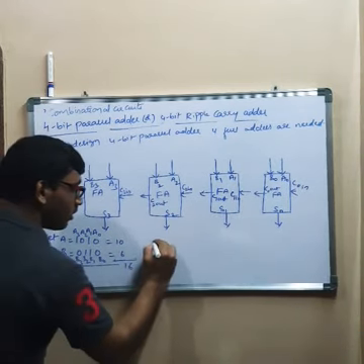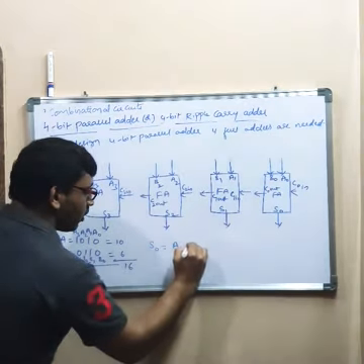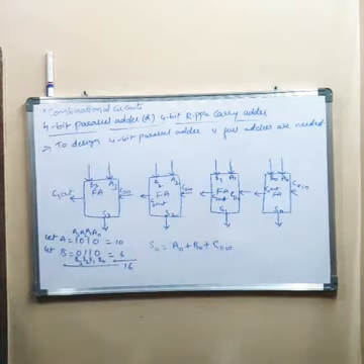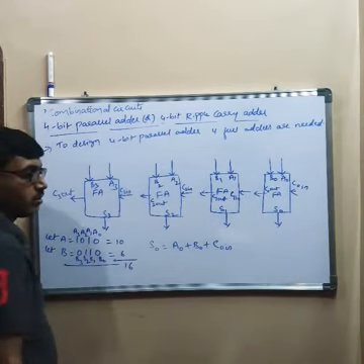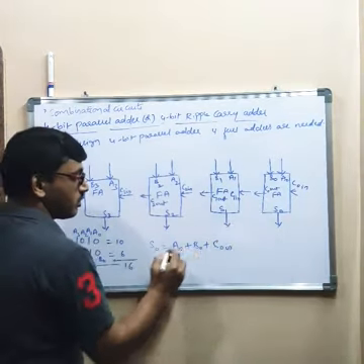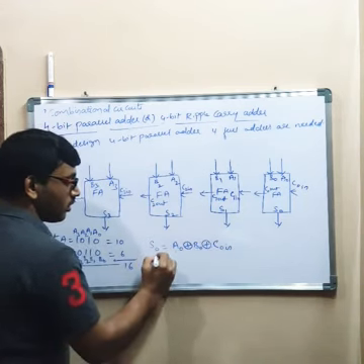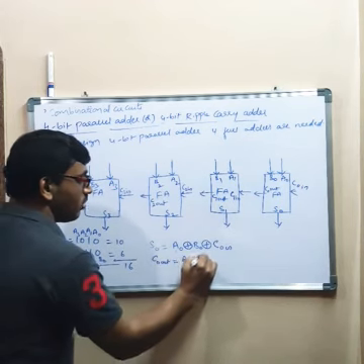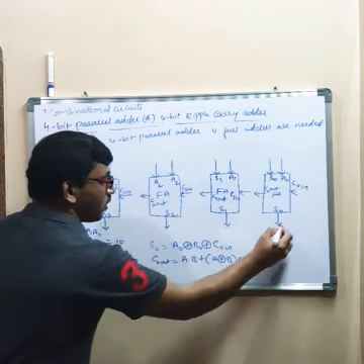What will be S0? S0 is equal to A0 plus B0 plus C0 in, right? Is this clear? S0, what is the expression for this? Sum is A0 XOR B0 XOR C0 in. What is C0 out? C0 out is equal to AB plus A XOR B into C in.